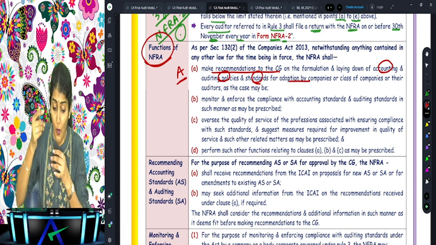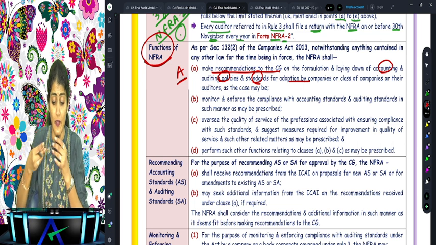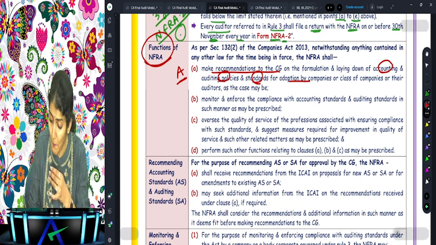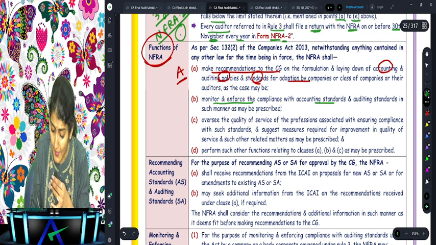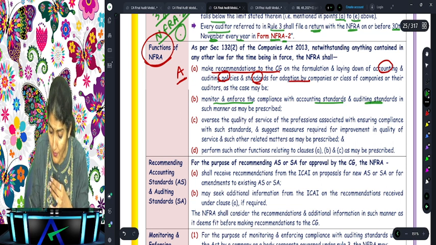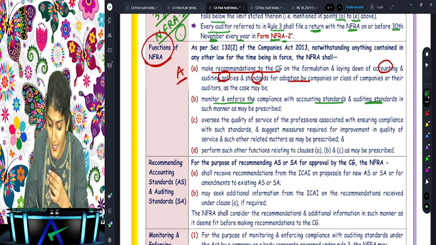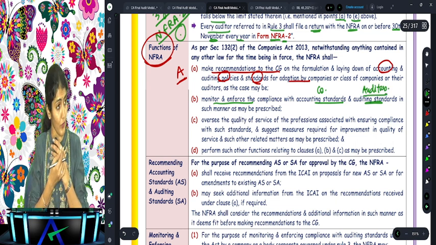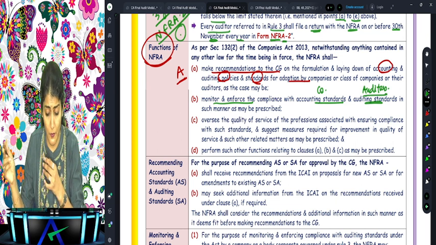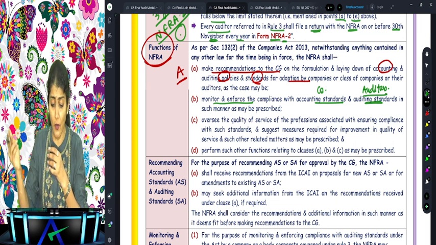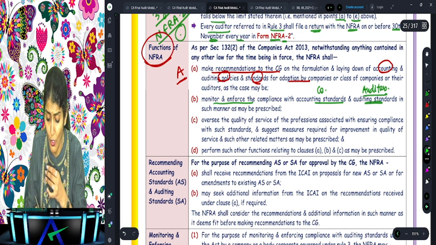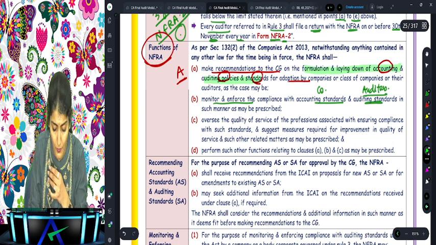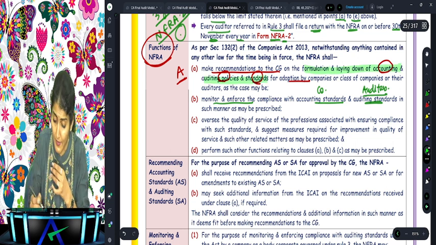Then second, once so many accounting and auditing standards have been issued, next what to do? Monitor and enforce compliance with the accounting standards and the auditing standards. Accounting standards have to be followed by the companies and auditing standards by the auditors. So first, formulate and lay down the standards, then monitor and enforce compliance.